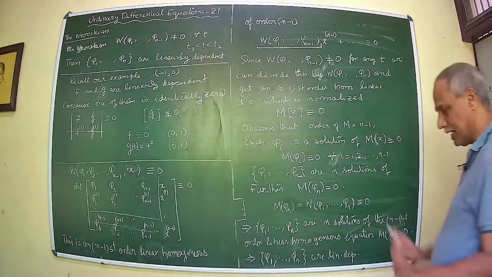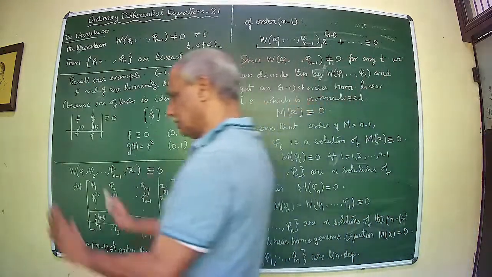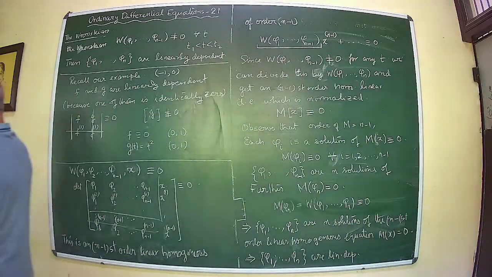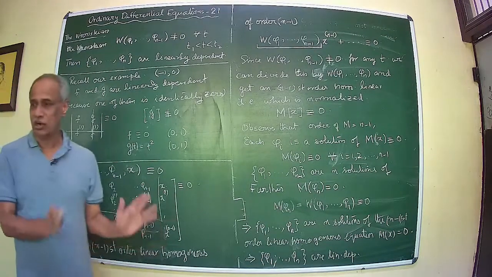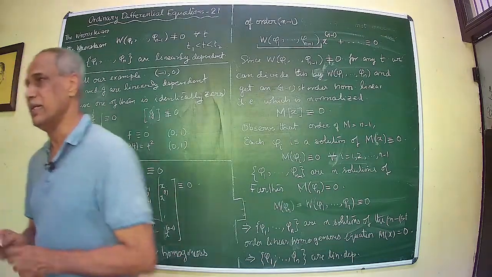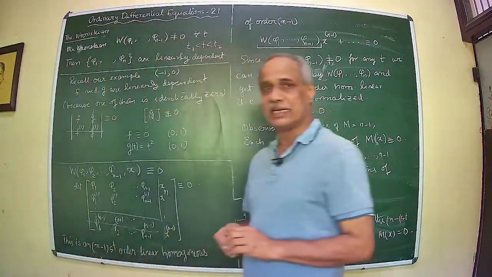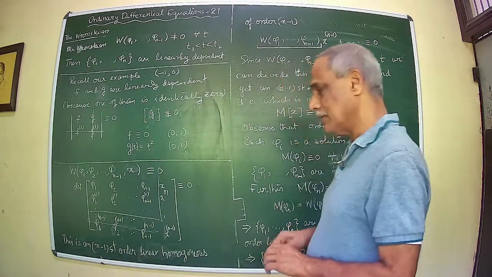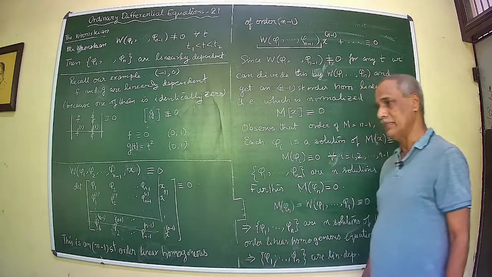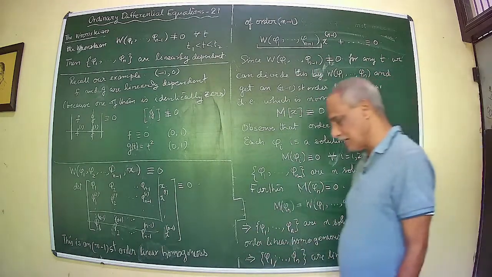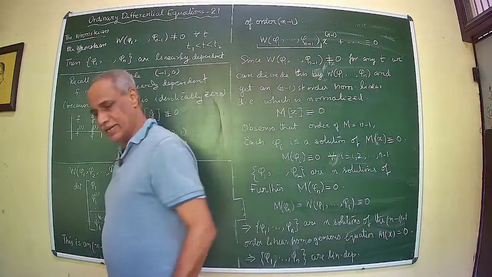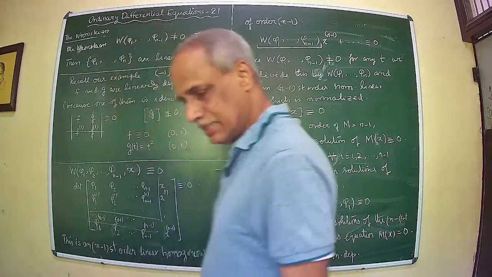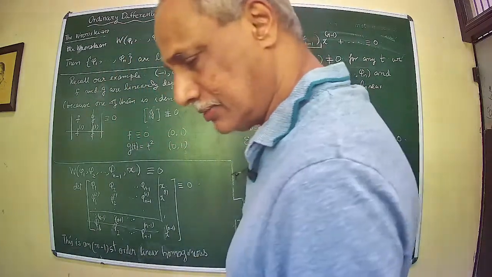Okay, so you have an n minus first order homogeneous linear equation and you have n solutions of this equation, and since the order of the equation is n minus 1, these set of functions are linearly dependent, and that completes the proof of that.